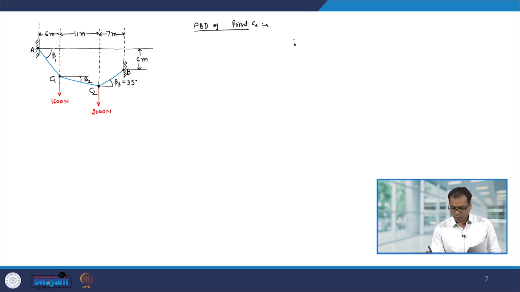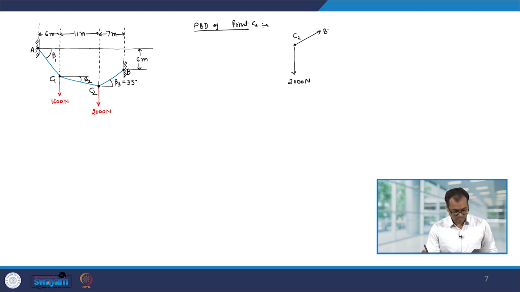So, I have point C2. From point C2 we have a force of 2000 Newton acting downward, and then there will be tension along point B, okay. And I know the value of this tension.